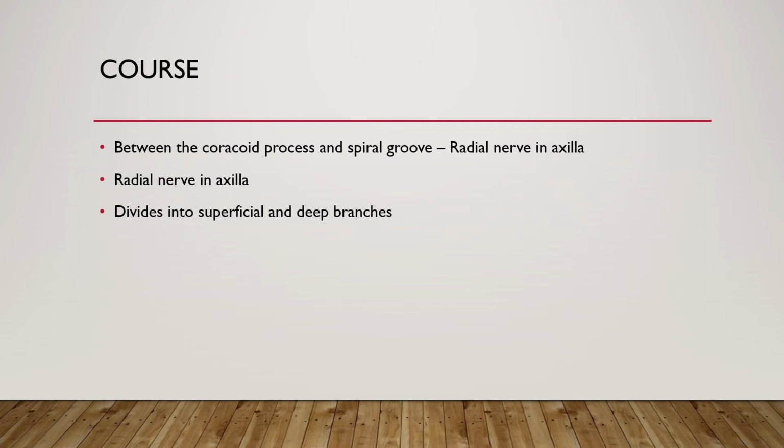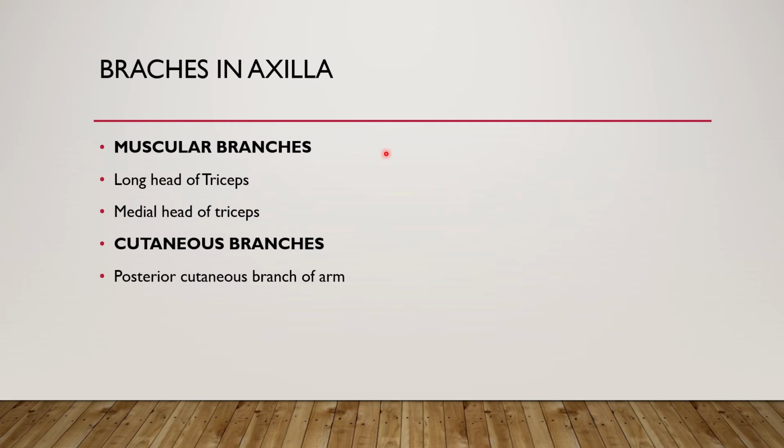And then next one, branches in axilla. It gives branches to the long head of triceps, because the long head of triceps arises from the infraglenoid tubercle that is on the top, near the scapula and the glenoid cavity. So it is supplying the long head of triceps, and another branch to the medial head of triceps.